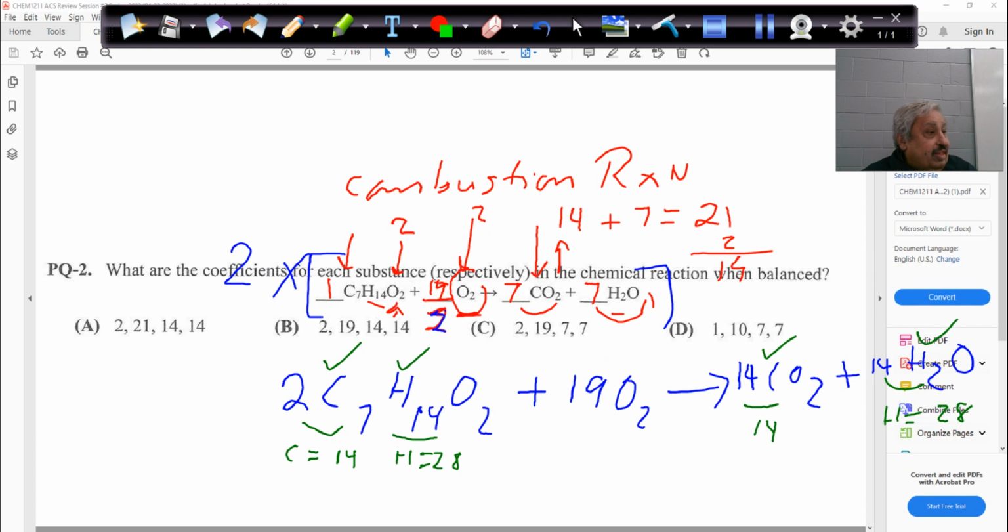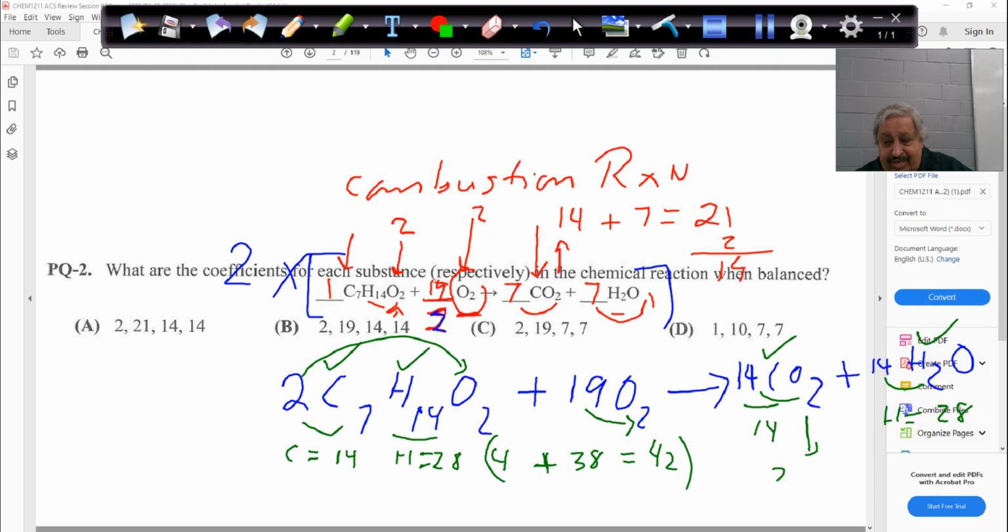Now the problem is with what? With oxygen. 2 multiplied by 2, this is 4. 19 multiplied by 2, 38, plus 4, this is 42, correct? Am I correct? And here, 14 multiplied by 2 is 28, plus 14.